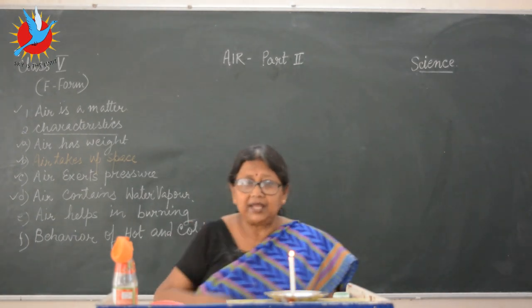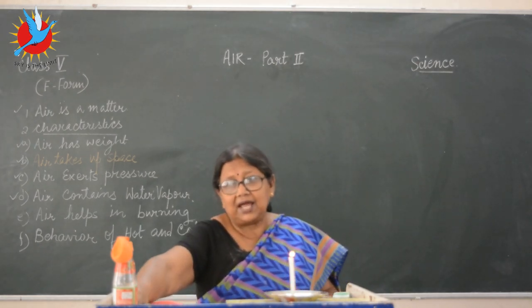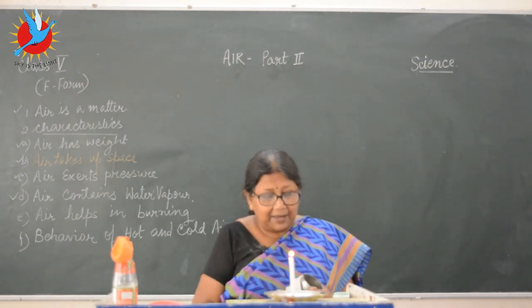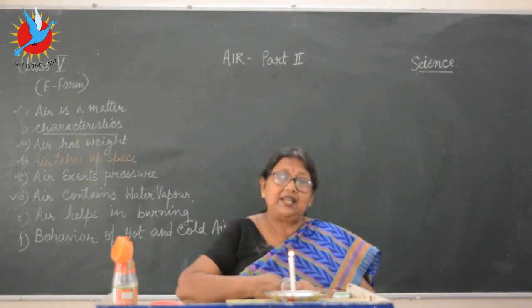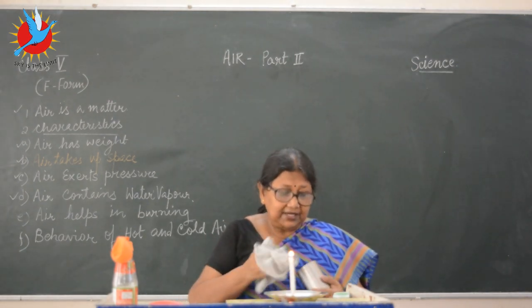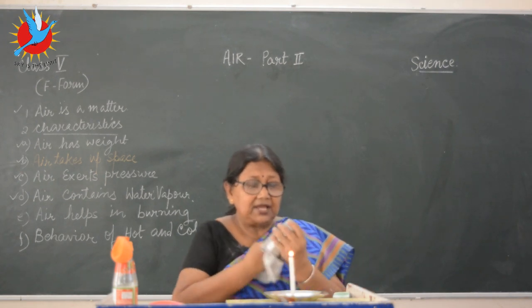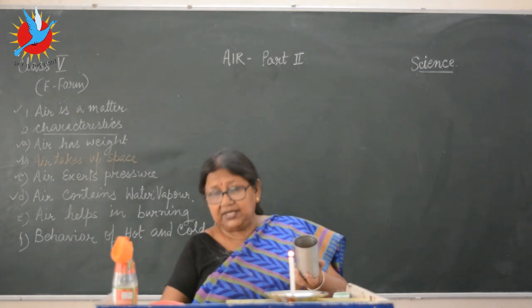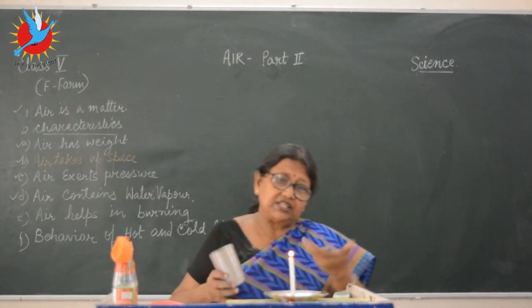It will burn till the last part of the wick, and then it will go off. But what will happen if I cover this candle with a glass? I've got this glass here. I'll dry up this glass. Now this candle is burning. You can see nothing is happening, it's continuing to burn.